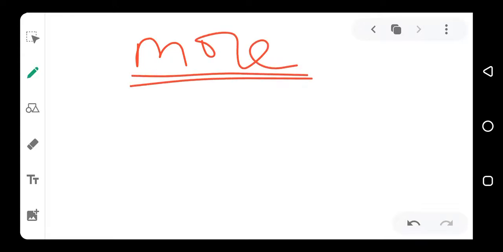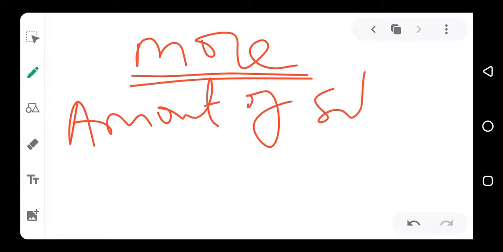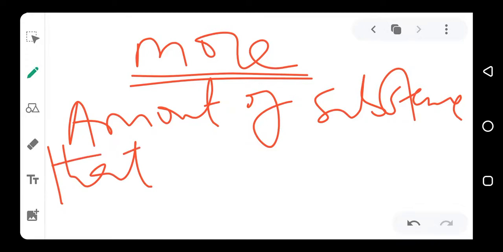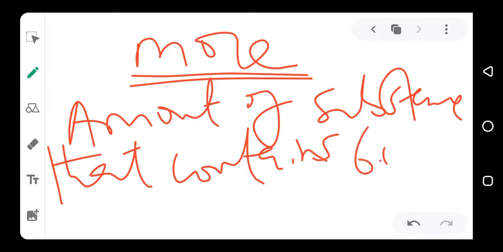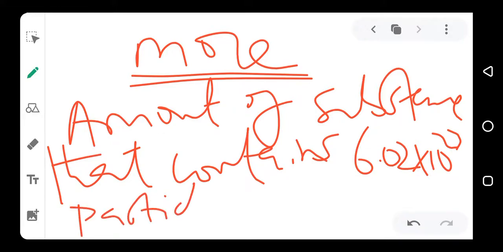Okay, so I said that a mole is the amount of substance that contains 6.02 × 10^23 particles of the substance.